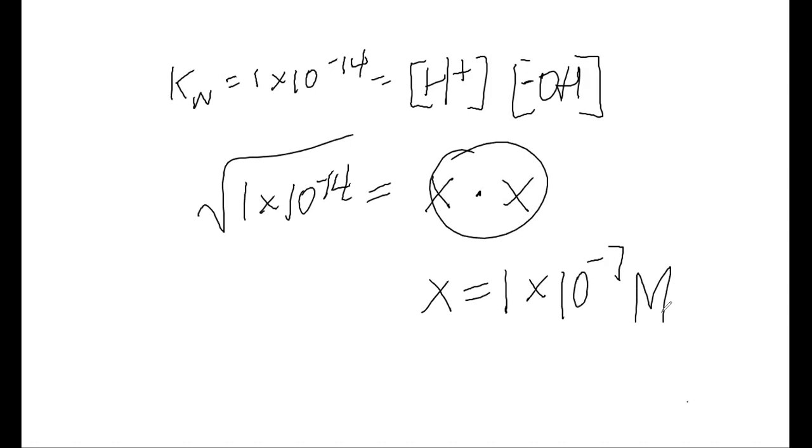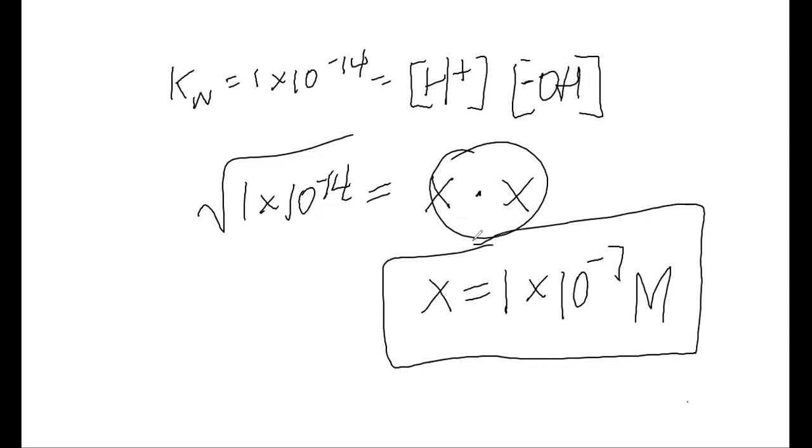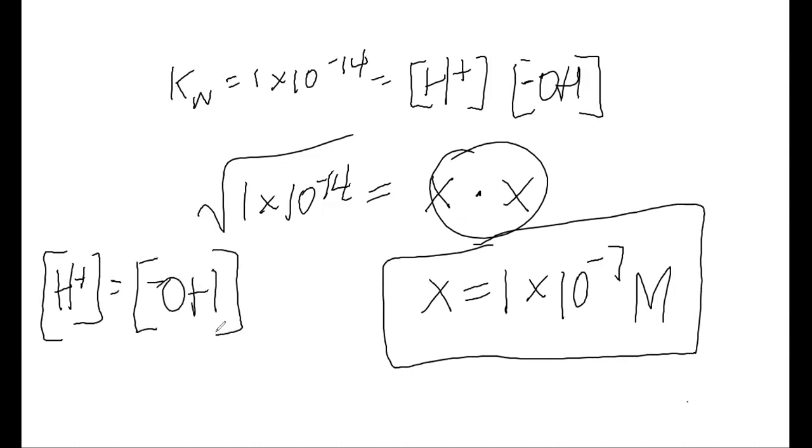In a minute, I'll show you how that relates to pH. So if your hydrogen ion concentration and your hydroxide ion concentration are equal, you are said to have a neutral solution. This is what they'd be equal to. I'm going to erase this.